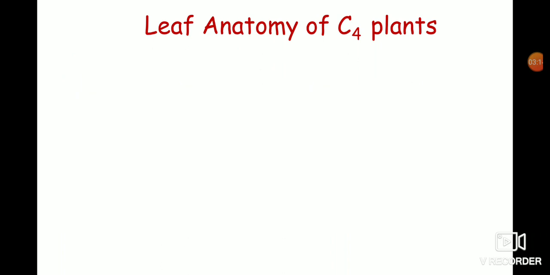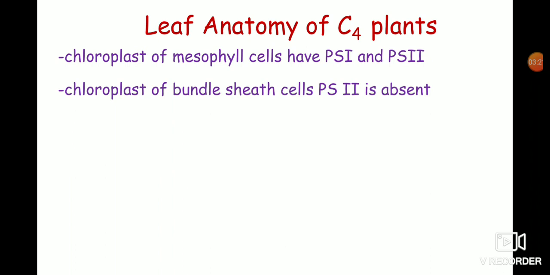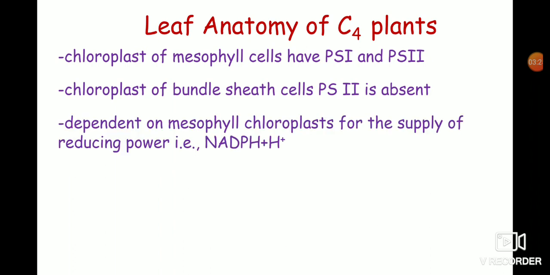The chloroplasts of mesophyll cells have photosystem 1 and photosystem 2, whereas in the chloroplasts of bundle sheath cells, photosystem 2 is absent. So the bundle sheath cells are dependent on the mesophyll chloroplasts for the supply of reducing power, that is NADPH2.